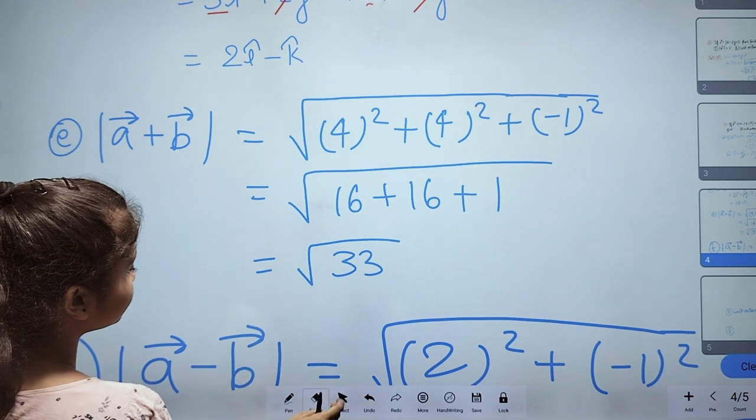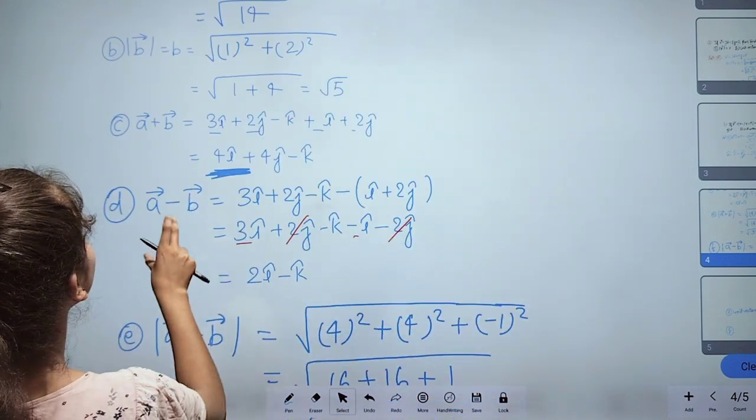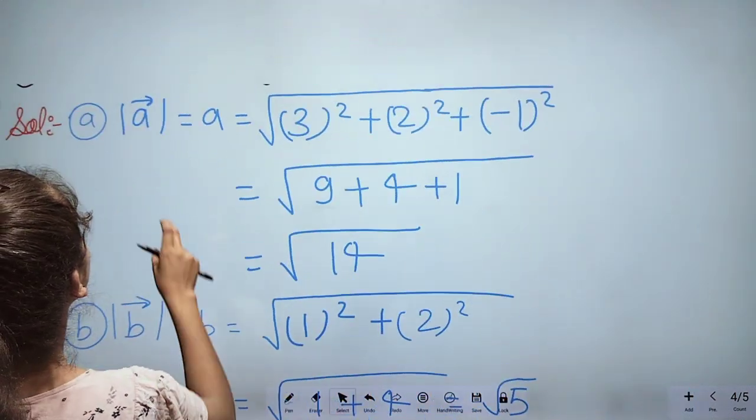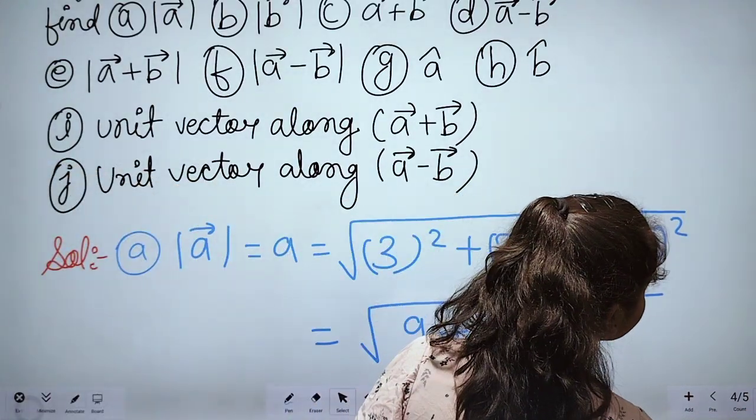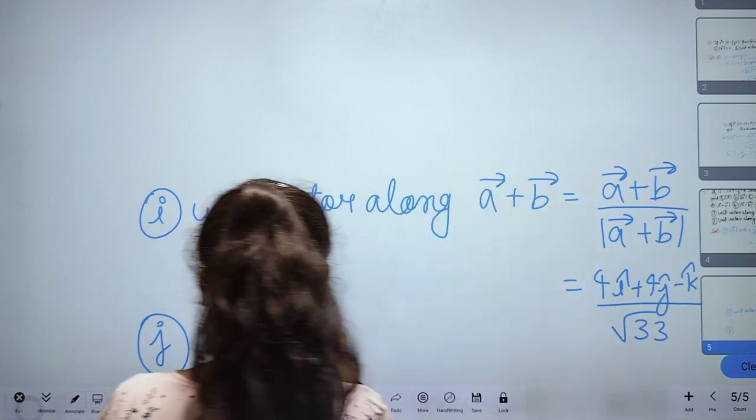And last question is, that is unit vector along A vector minus B vector. So we have to write the same thing.